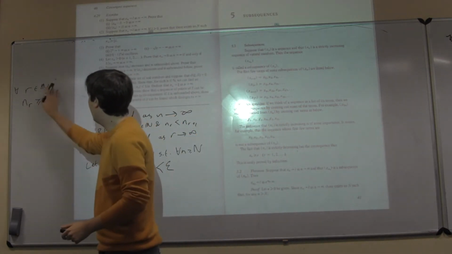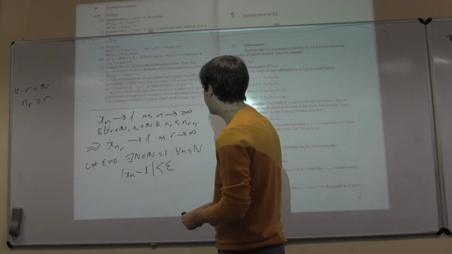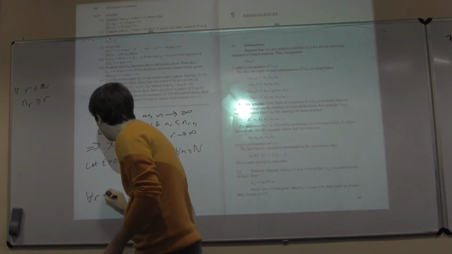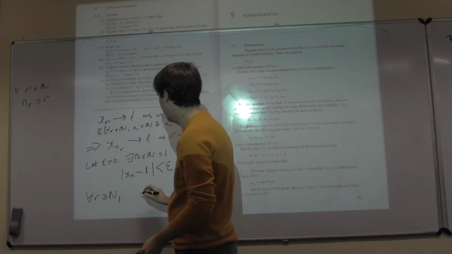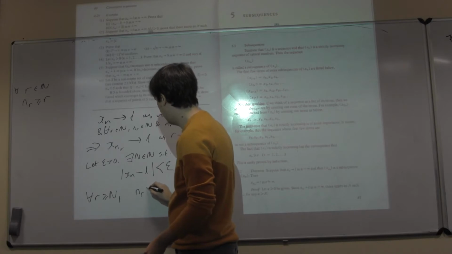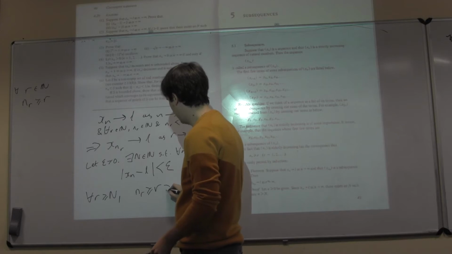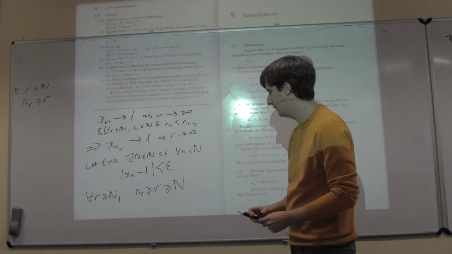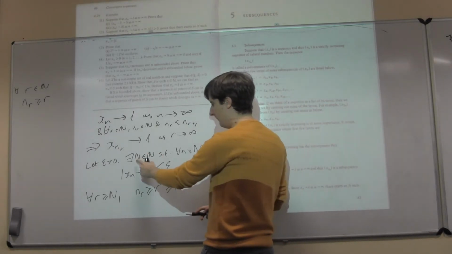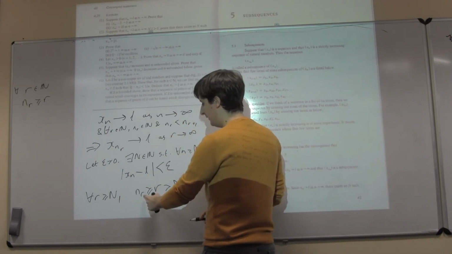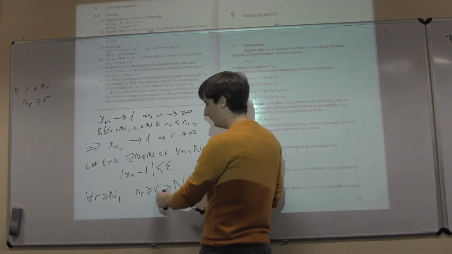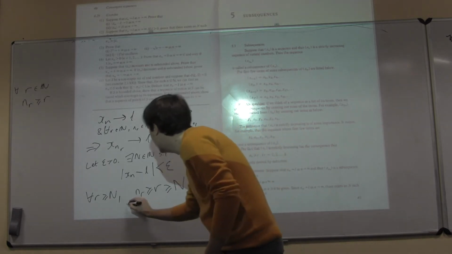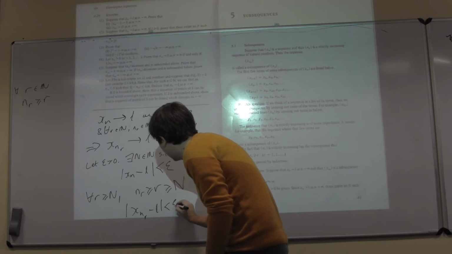So because for all r in N, nr is bigger or equal to r, we know that for all r bigger or equal to N, n sub r is bigger or equal to r, which is also bigger or equal to N. So for every r which is bigger than this N we found previously, it's always the case that nr is bigger or equal to r, and r is bigger or equal to N, so nr is bigger or equal to N. But if nr is bigger or equal to N, we know that the absolute value of xnr minus L is less than epsilon.